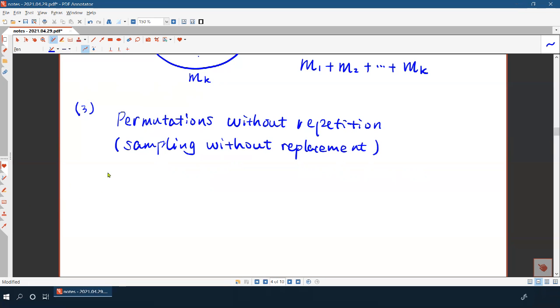Okay, in this model, we have a collection of n distinct elements.